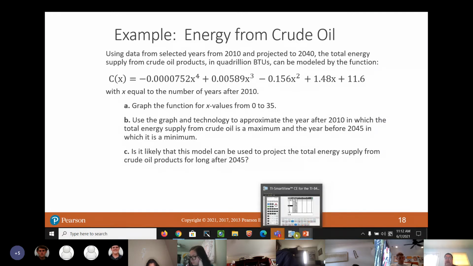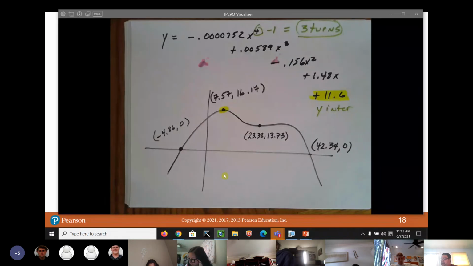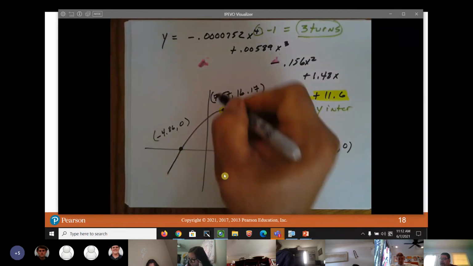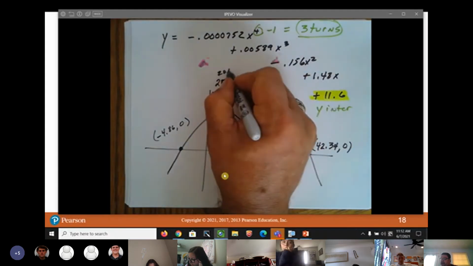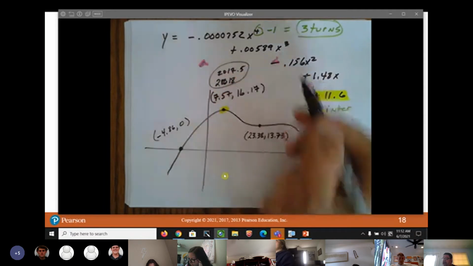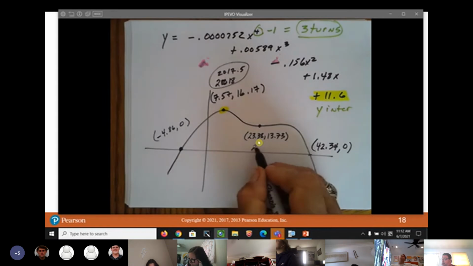So our maximum, if you raise that to an 8, that would be 2018, or 2017.5 is when you have the max. And the min would be 23 years after 2000, so that'd be 2033.38 or 2034.